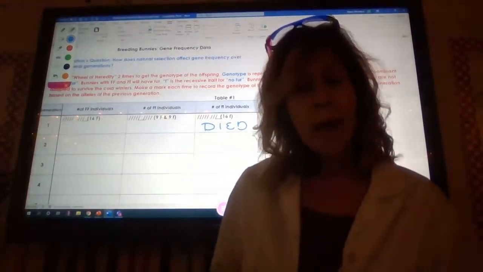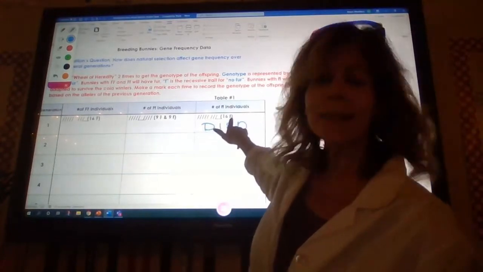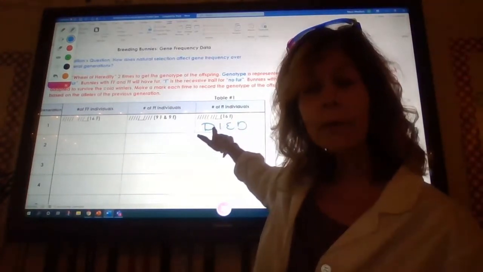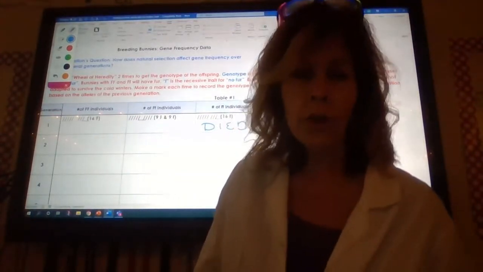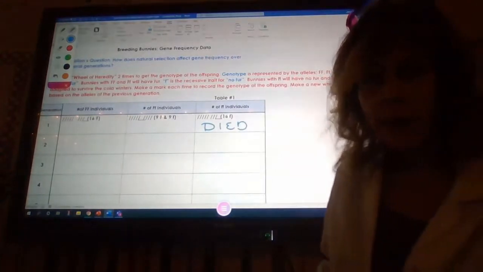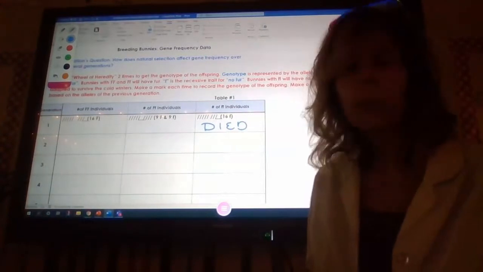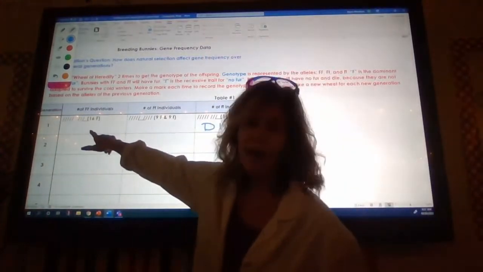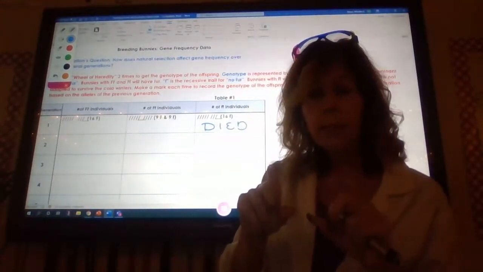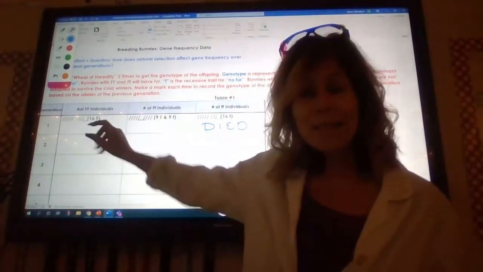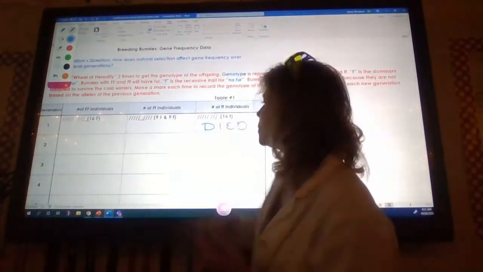And what that means, they died before they reproduced. So all those genes, those 16 recessive alleles for hairlessness, died with them and won't go on to the next generation. So we have to look at what survived and went to being able to reproduce. So if I have 8 of the dominant traits, then that gives me 16 of the dominant alleles.